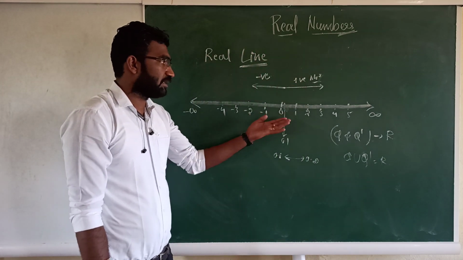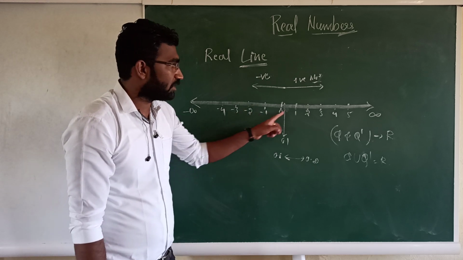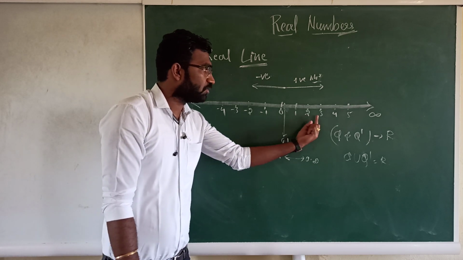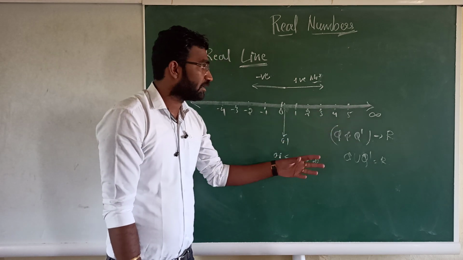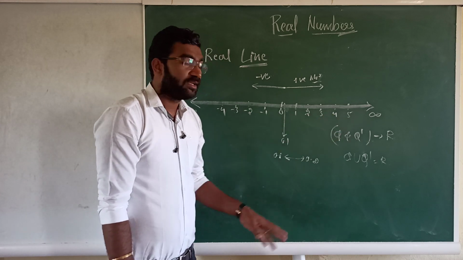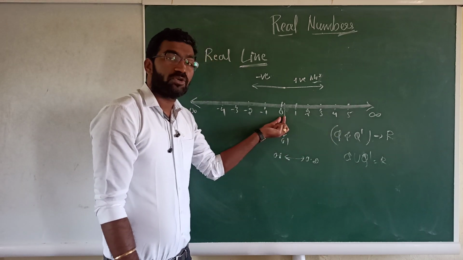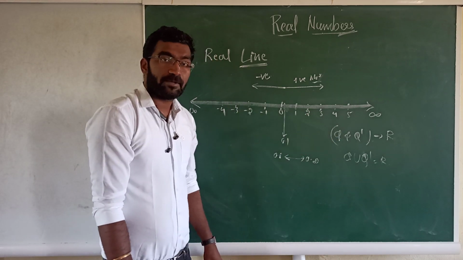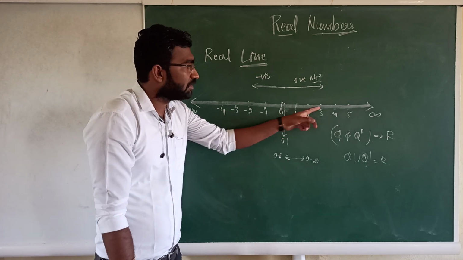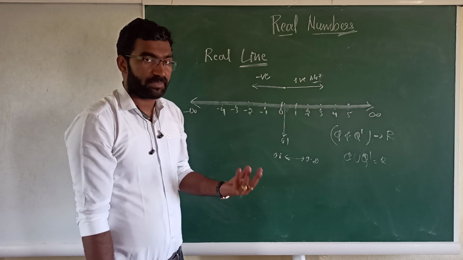You can see the real line on the board, which you can also call the x-axis. The real line consists of all the natural numbers 1, 2, 3, 4, 5 and so on. It consists of all the whole numbers 0, 1, 2, 3, 4, 5 and so on. It consists of all the negative natural numbers and positive natural numbers including 0, which means all the integers are there. All the rational numbers and all the irrational numbers are present on this real line, right?